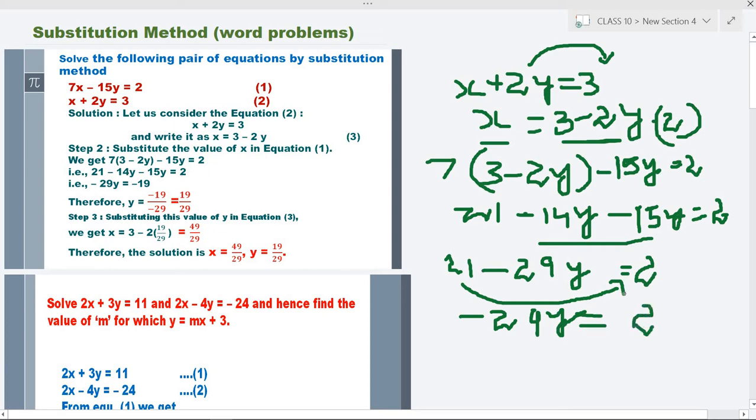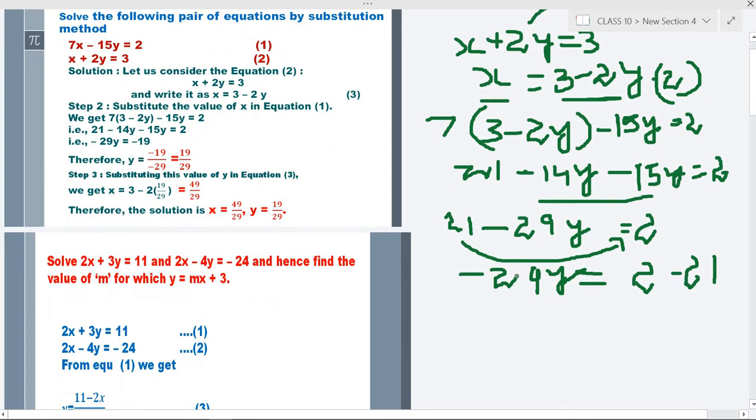When you transpose 21 to RHS, it will become minus 21. In the next step, y is equal to minus 19 upon minus 29.